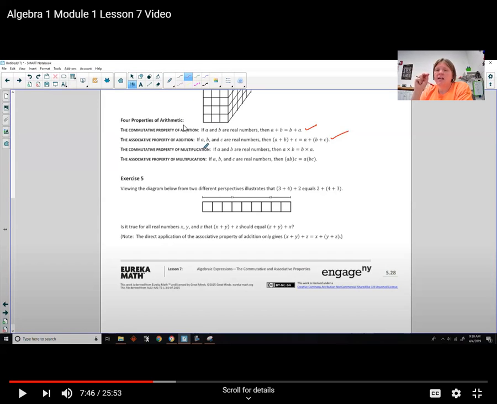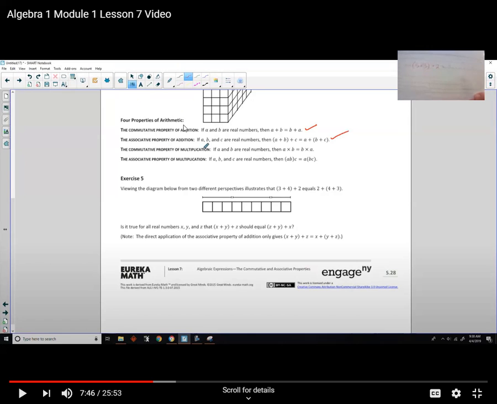All right, so let's say that I had, let me get a piece of paper here. Let's say that I have this problem. Let's say that I have 5 plus 3 in parentheses plus 2. Let's say that I am young and just learning how to add, and I'm looking at this going, is there an easier way that I can do this?